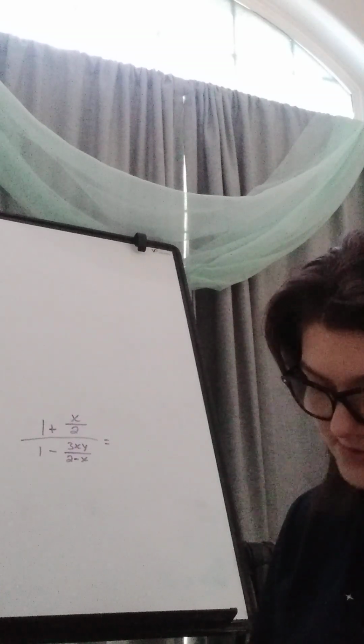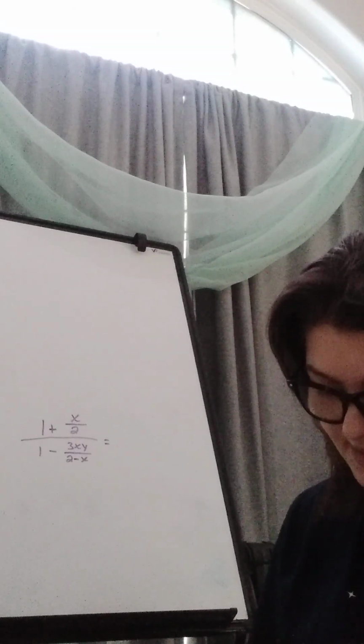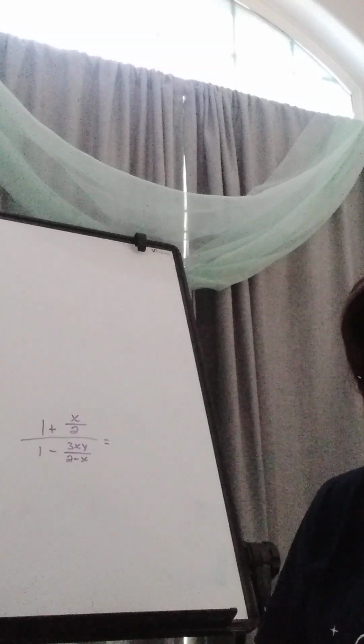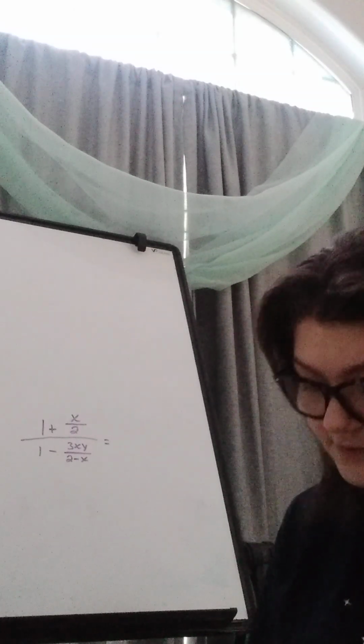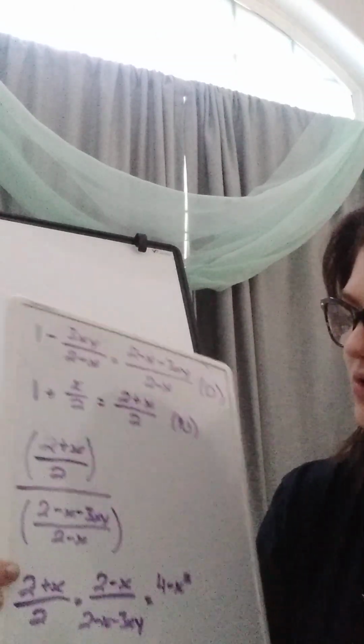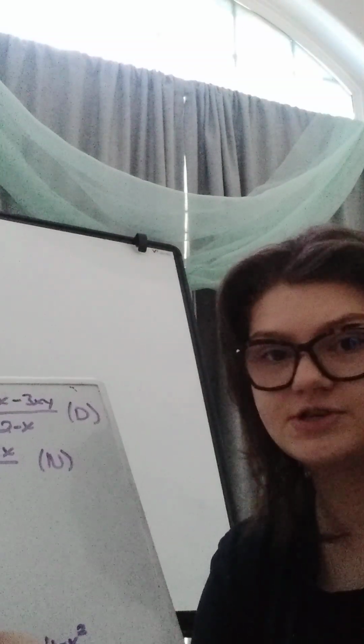That will give me 2 times 2 is 4. And then x times negative x is negative x squared. And then if I add 2x and negative 2x, that's 0, and I can show you here. Recall FOILing, because if I have 2 plus x and 2 minus x, I have 2 times 2.